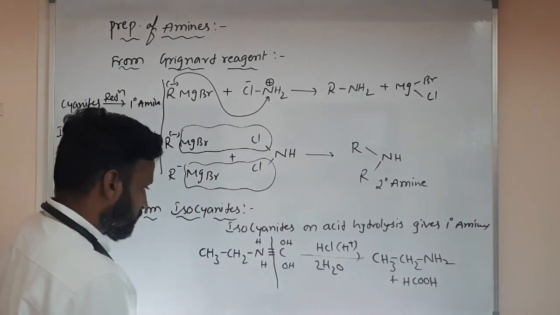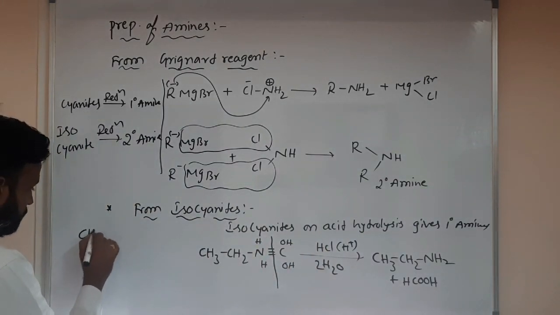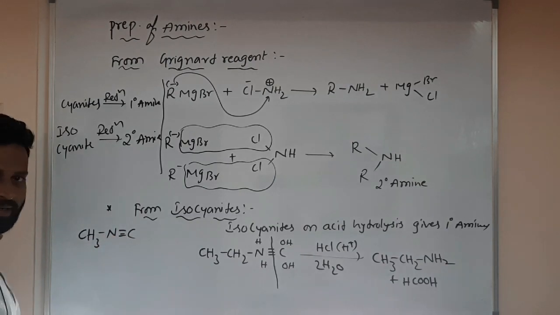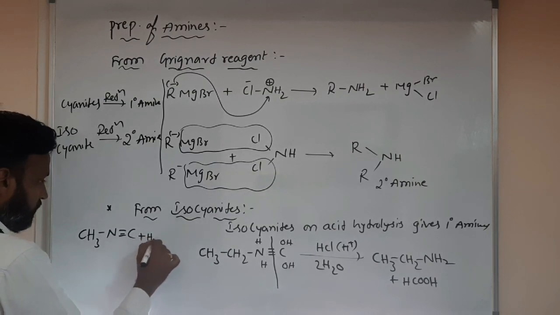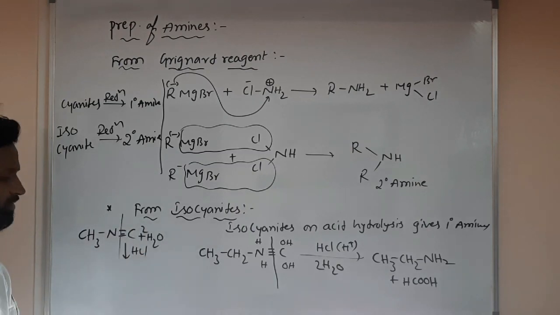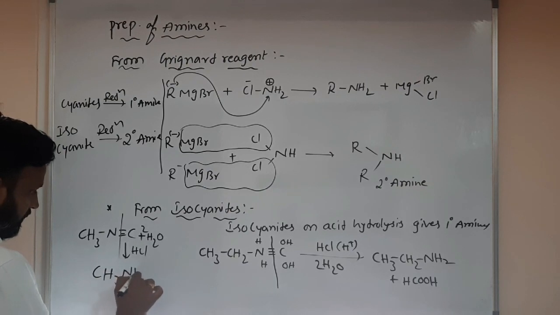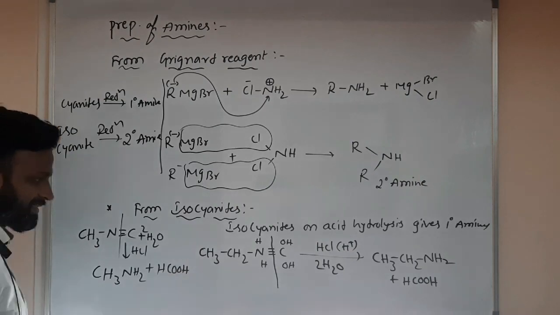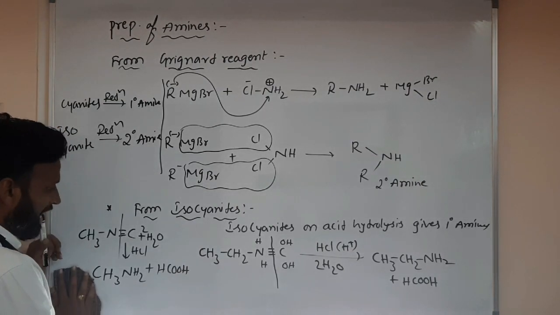So that was ethyl isocyanide, or ethyl isonitrile. Suppose you take CH3-N triple bond C, methyl isocyanide or methyl isonitrile. On reaction with 2 moles of water and HCl, one carbon is removed, and you have CH3NH2, with the carbon removed as HCOOH. This is one more preparation of amines.